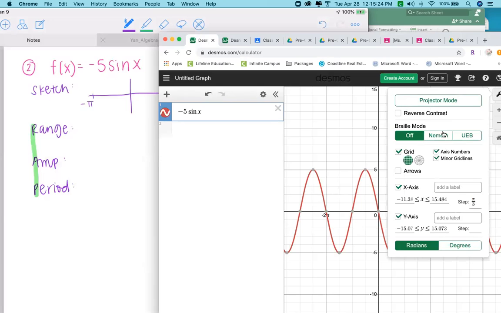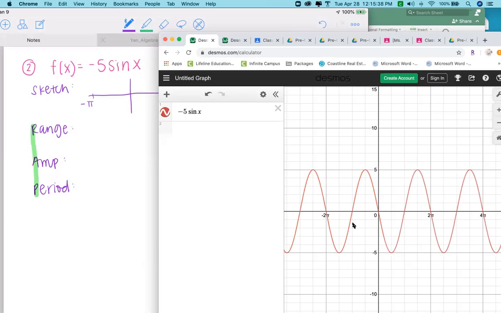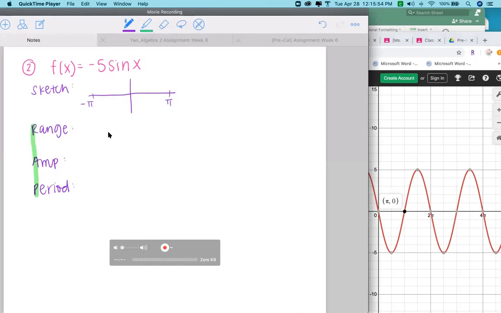And you can change the wrench. Again, I suggest you change the steps for the x-axis to be pi related. You can even just put pi there, and then it will be nicer. It wouldn't be decimals. So I just need to go from this point, negative pi, to pi. You just have to draw this shape right here in the middle.